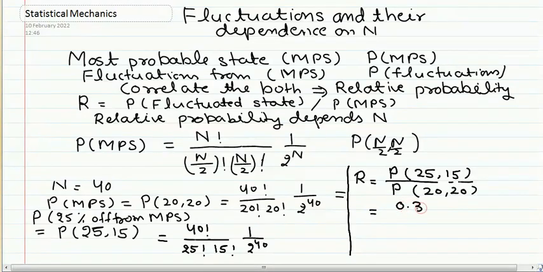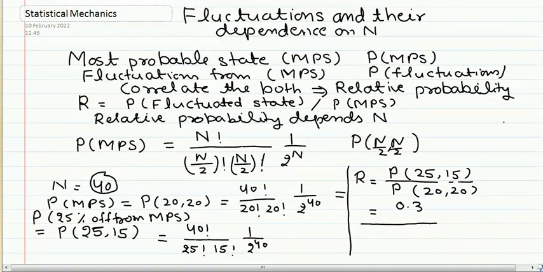I am writing the result directly; note down and remember this number. 0.3 is the relative probability of the 25% distribution when the total number of particles is 40.